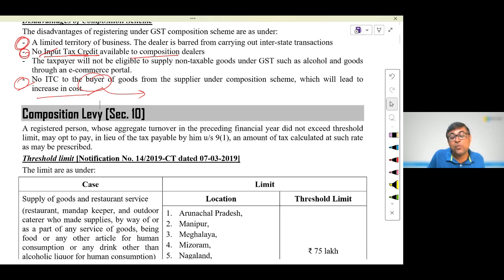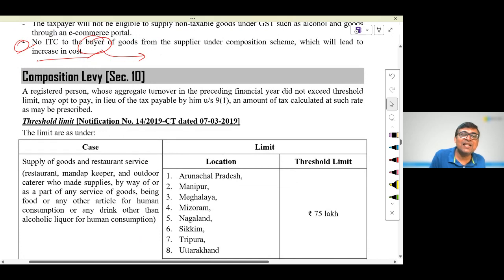Now question arises, who is treated as a small taxpayer? The person whose height is small, little? No. For the composition levy, the small taxpayer depends on the turnover made by him in the preceding year. A registered person whose aggregate turnover in the preceding financial year did not exceed the threshold limit may opt.